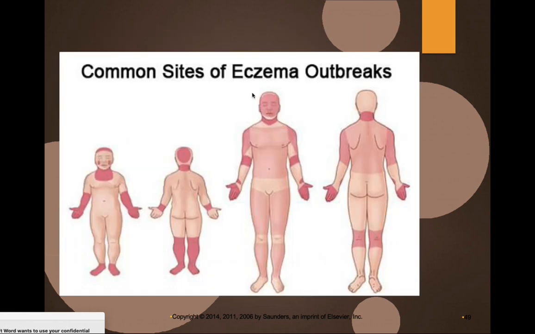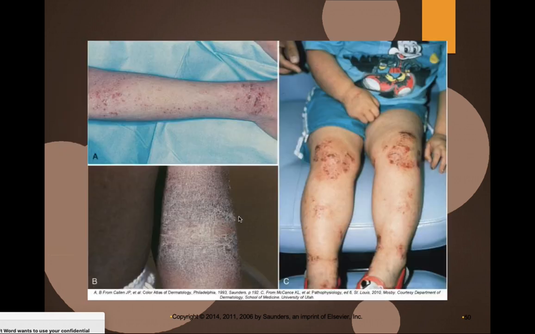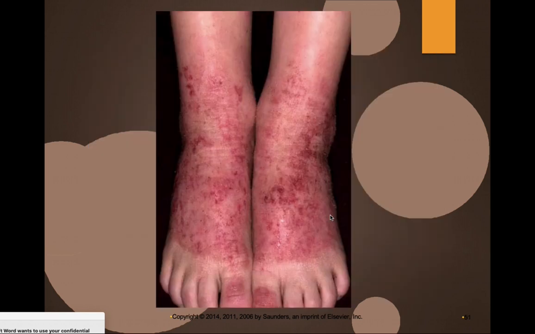These are the common sites of the eczema. We see it here on the dorsal surface of the wrist. This looks like the elbow crease. And again, we see it on the knees and the dorsal surface, the top of the foot, and the leg. Pretty severe.